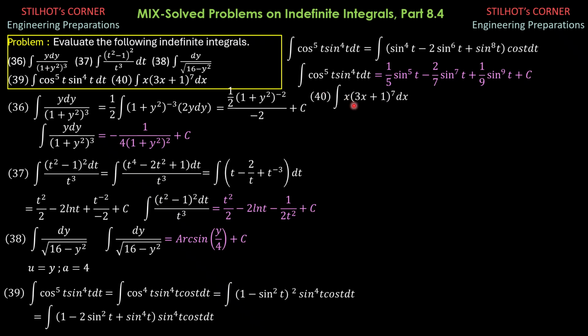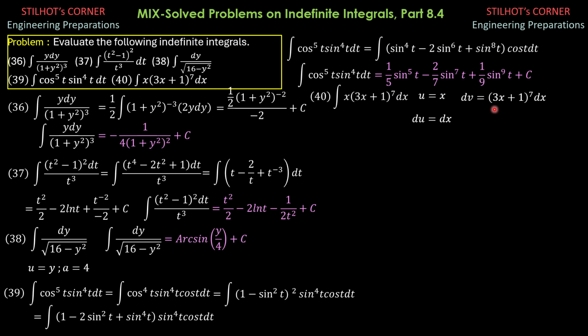So we put u be x, so du is dx, and dv is 3x plus 1 to the 7 dx.